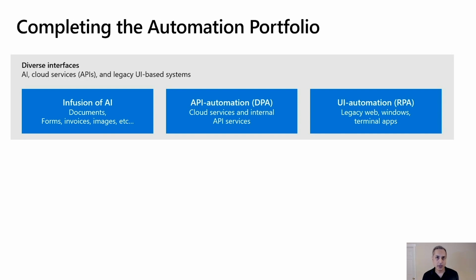The second is modern applications and services, where they've invested a lot in modernizing their systems and want to orchestrate automation across those systems. And finally, there are a lot of customers that have applications that are working just fine, but were built at a time without APIs, without the thought of automation on top of the application. And the only way to automate them is by pretending to be a human that mimics human behavior.